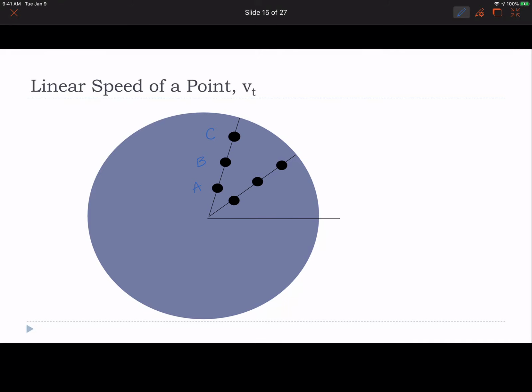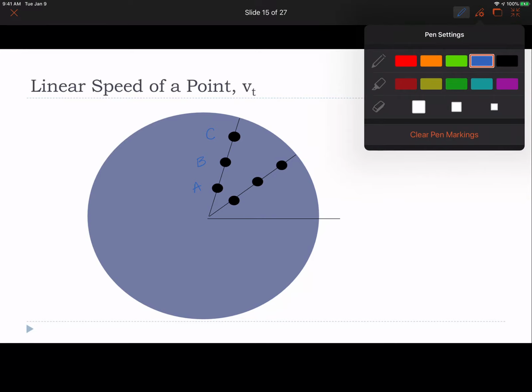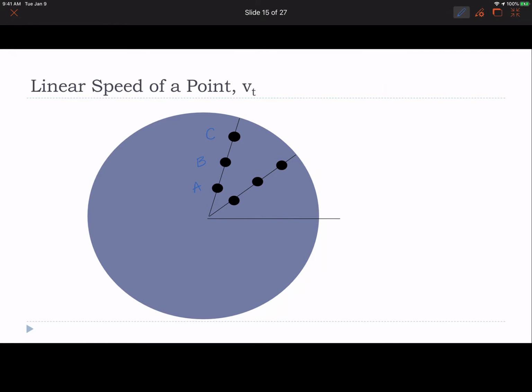I always like to give the example that imagine you have a bunch of people holding hands, person A, B, and C. They're staying very rigid along that line, and they're going to spin around in a circle. Would person A have to move as fast as person C in order to keep that rigid line the same? The answer is no, they would travel at different speeds.